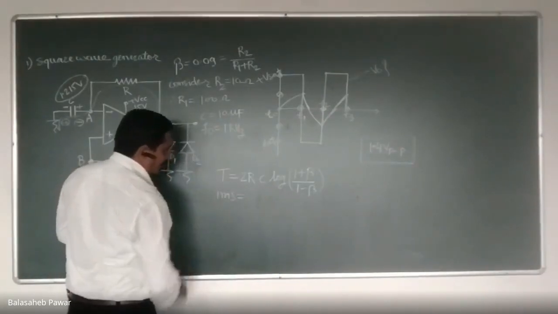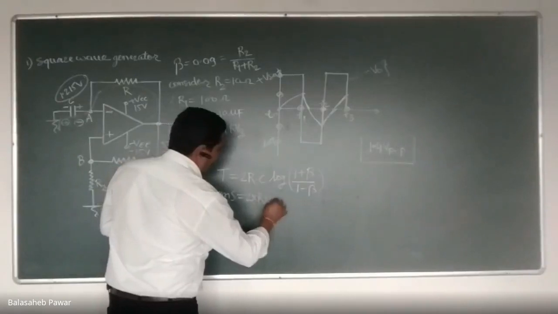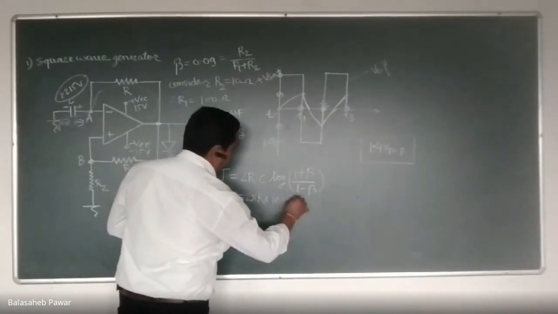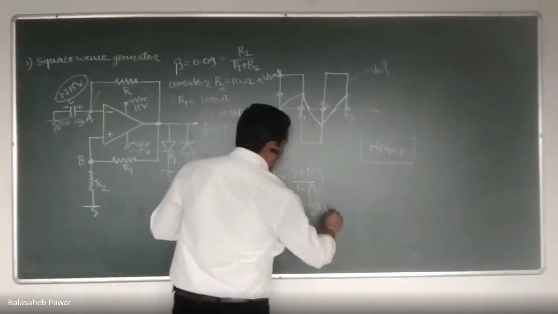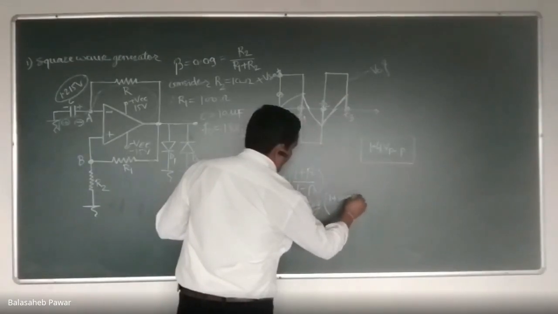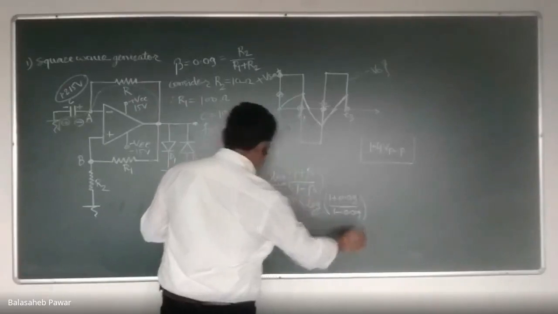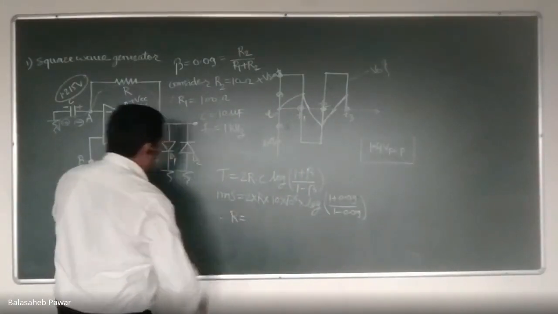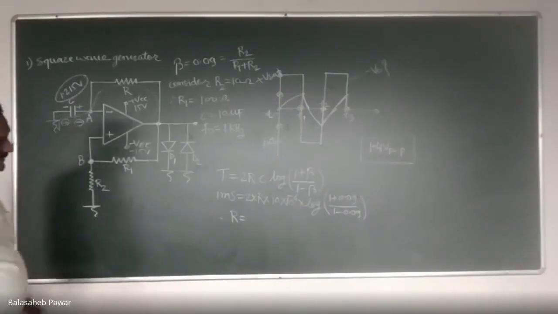So 1 millisecond equals 2 into R, which we have to find out, into C, which we took as 10 into 10 raised to minus 6, into log of 1 plus 0.09 divided by 1 minus 0.09. Therefore, R equals, just calculate the value of this R.